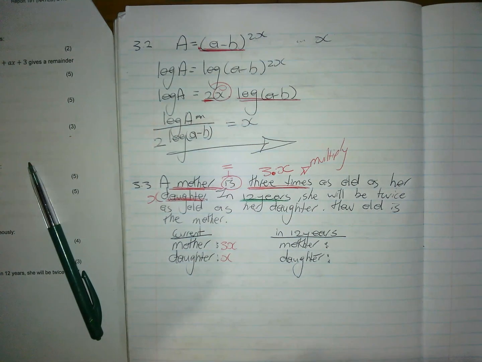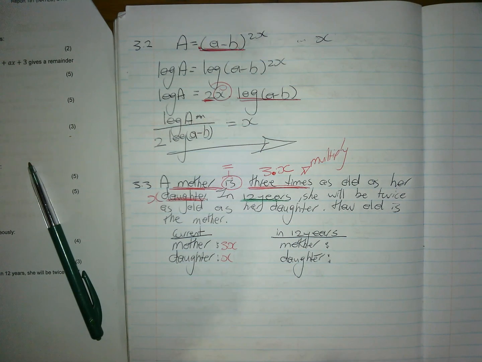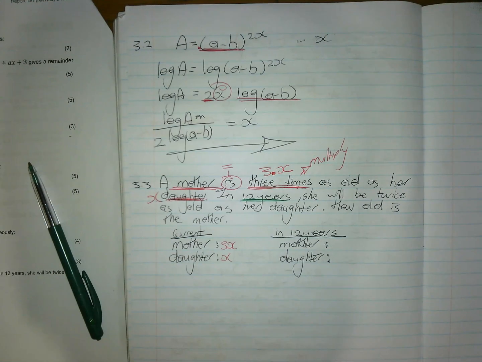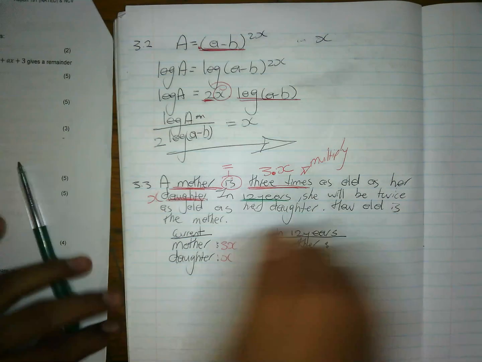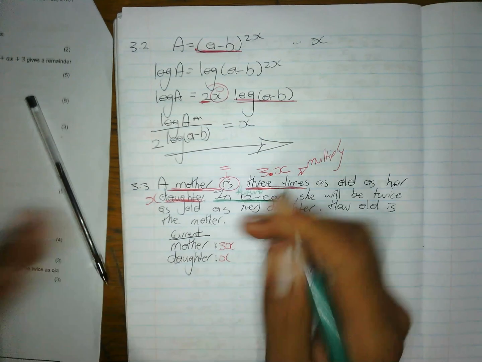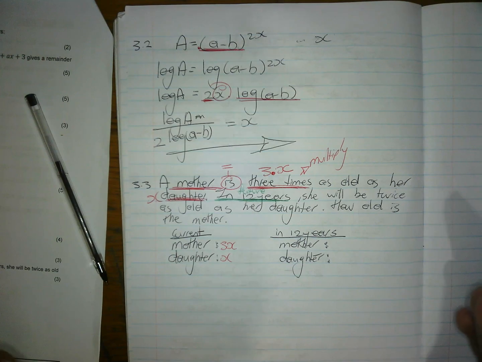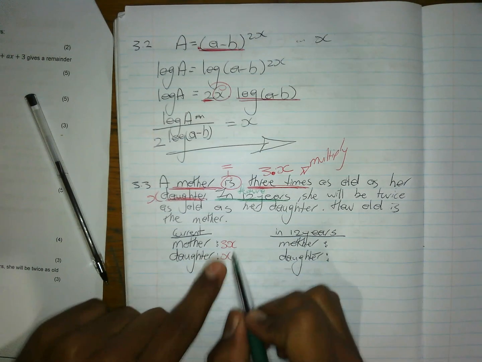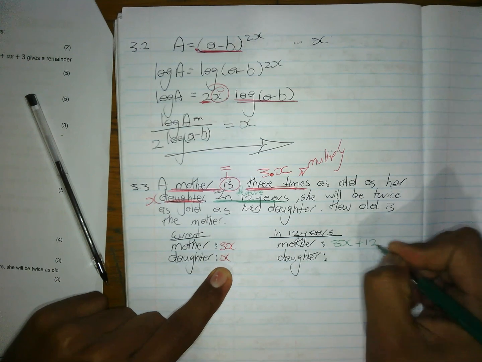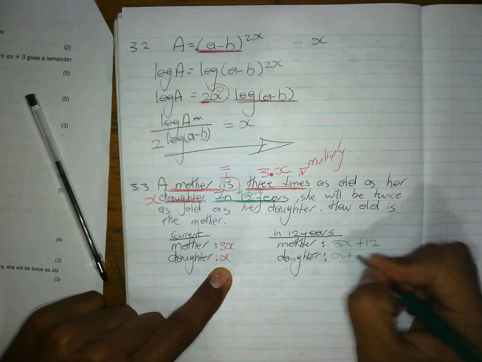I'm not sure about that 2x, I think that 2x will come afterwards, but let us leave that. So in 12 years, that means it's in the future, right? In 12 years means the future, ahead of time. That means 12 years plus their ages. So it is saying 3x plus 12 in 12 years, right? And then x plus 12.